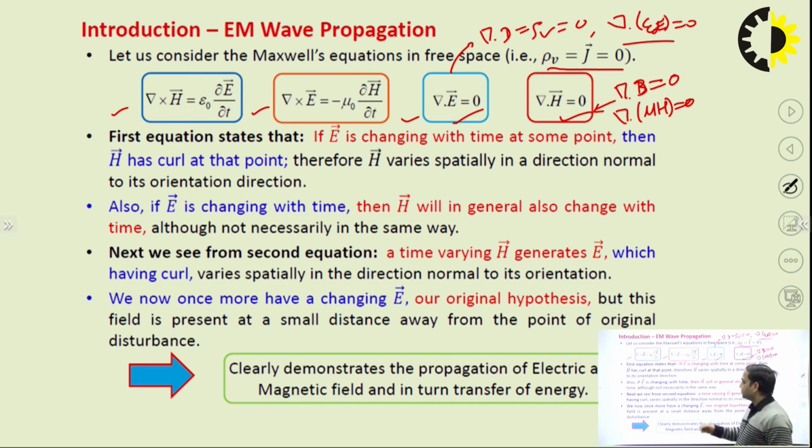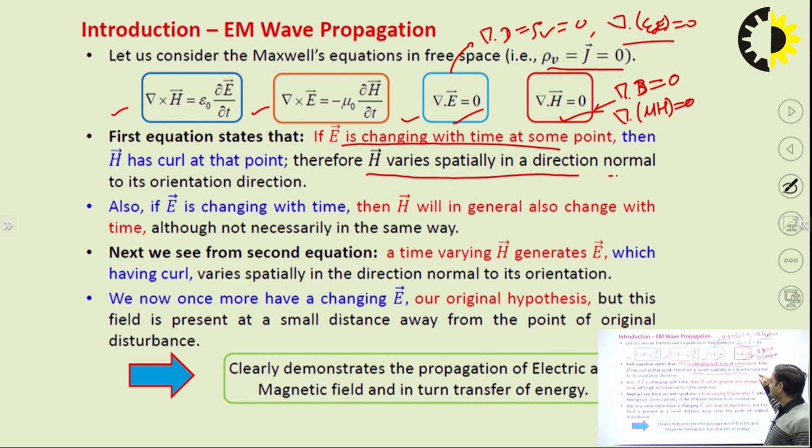So, the first equation states that if E is changing with time at some point, then H has a curl at that particular point. In short, H varies especially in the direction normal to its orientation. Also, E is changing with time.